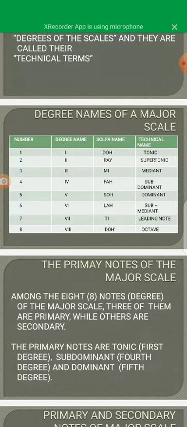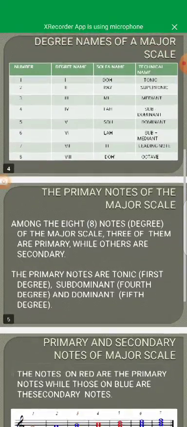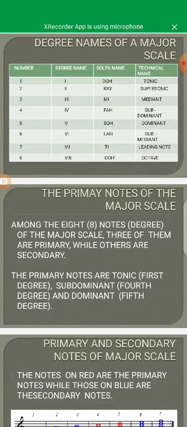Okay, having said that, let's move to the next slide. And what we have there is the primary notes of a major scale. Let's know the primary notes of a major scale.